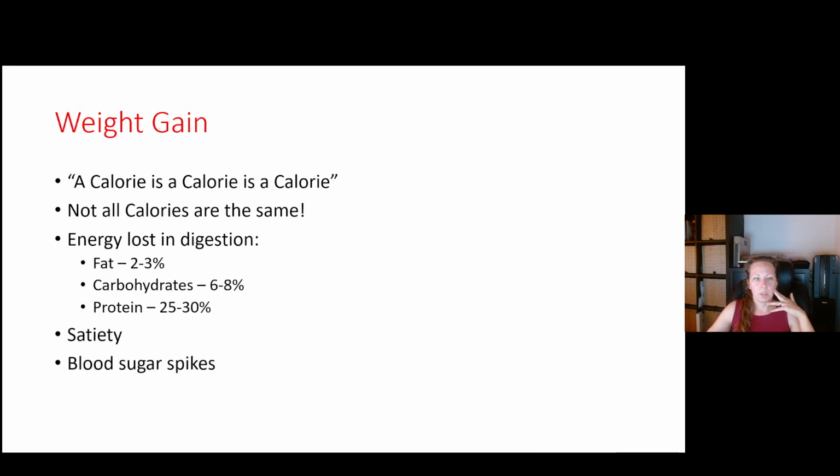Also, if we're talking about sugars, eating high levels of sugar all at once can lead to rapid spikes in blood sugar, and then lead to a crash in blood sugar later, right? And this causes cravings for more sugar.